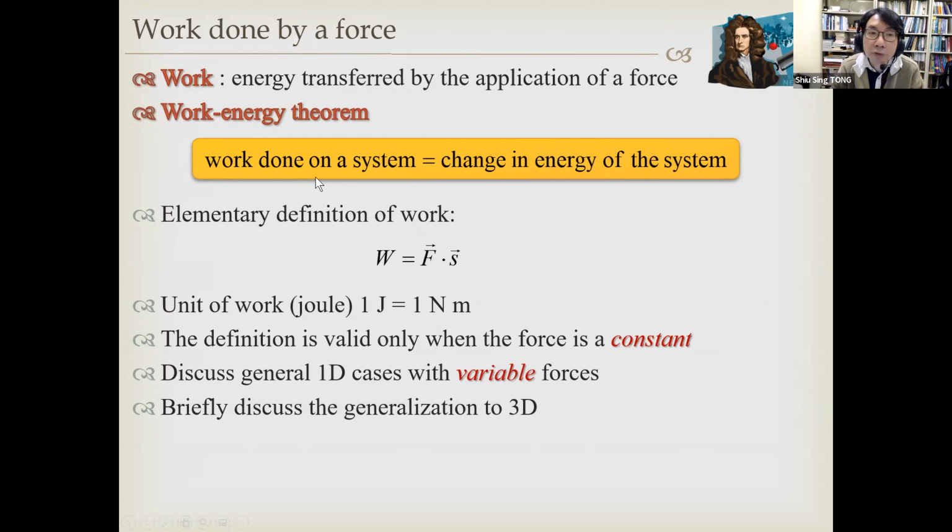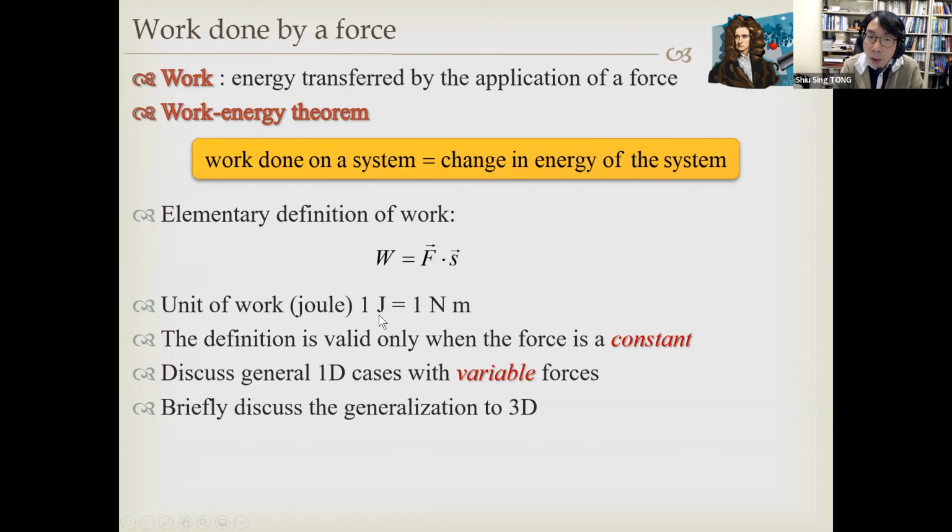Now, the so-called work-energy theorem says that the work done on the system will change the energy of the system. Just like when I give you some money or take away some money from you, it changes the total amount of money that you have, right? The elementary definition of work is the dot product, F dot S, or Fs cosine theta, where theta is the angle between the force and the displacement.